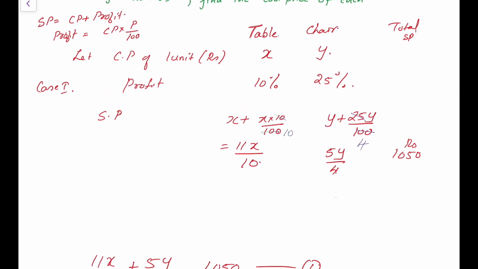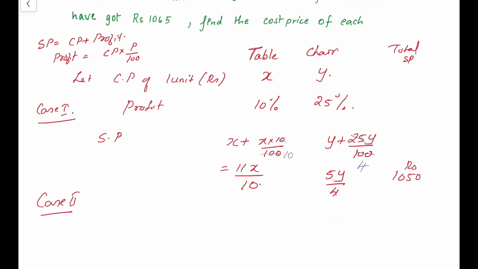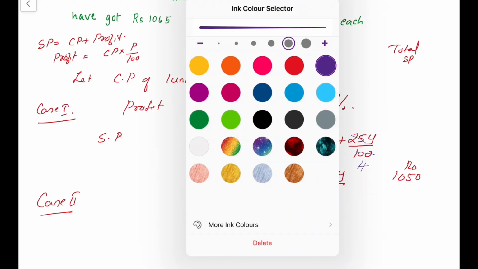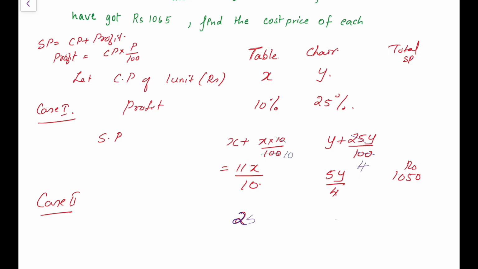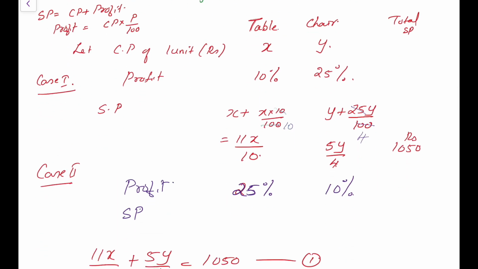Now coming to the second case, case 2: if she had taken a profit of 25% on the table and 10% on the chair. The total selling price here will be 1065.